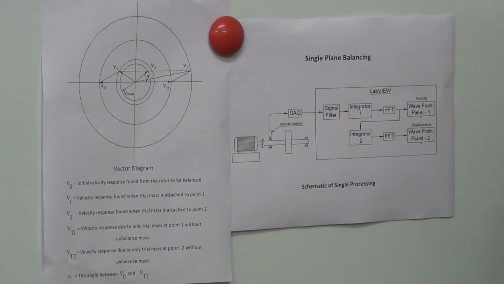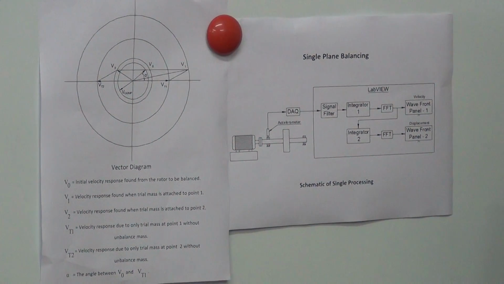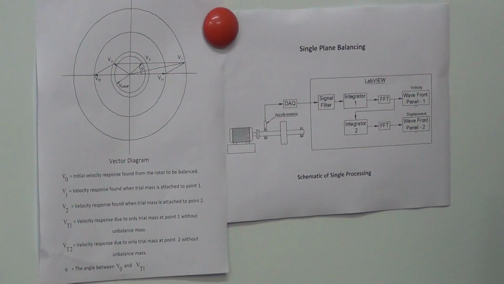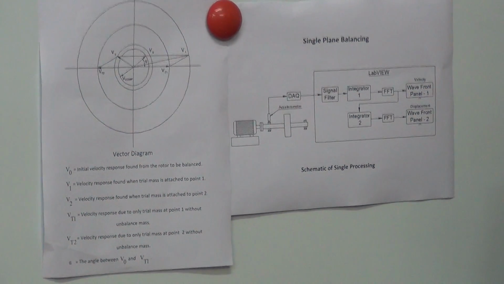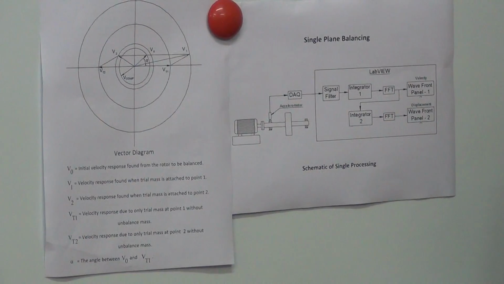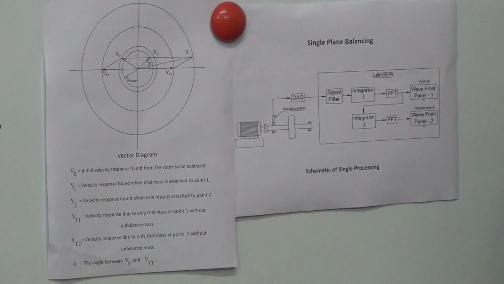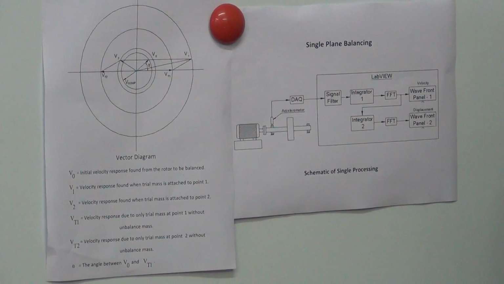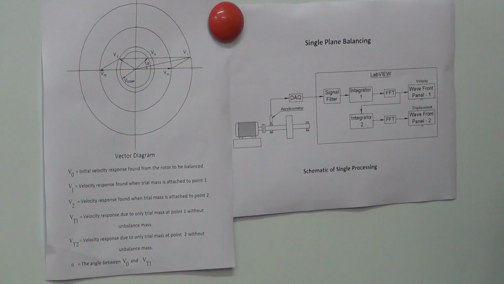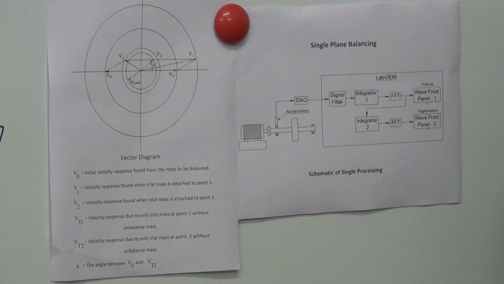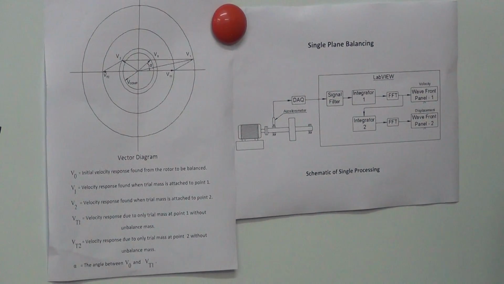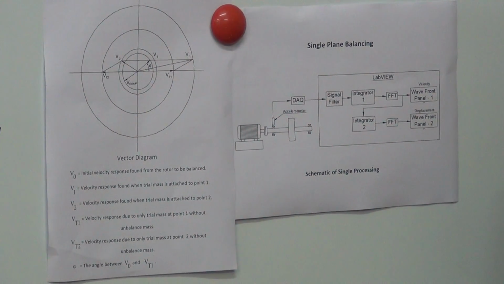V1 is the velocity response after attaching the trial mass at location first. I mean, we will attach this trial mass at two positions. These two positions are equal and opposite to each other. So that's why it is called a 2-point mass balancing method. And V2 is the velocity response found when the trial mass is attached to point 2.